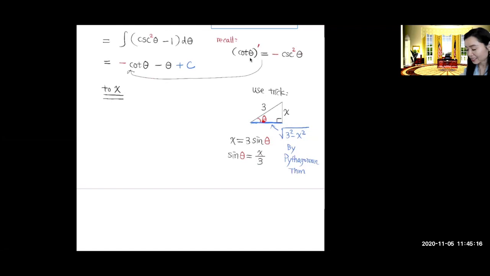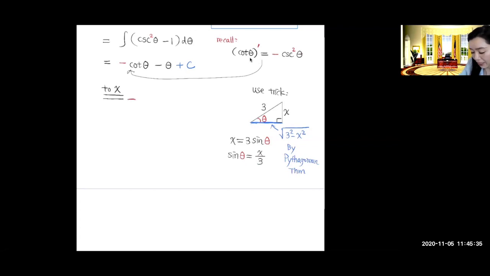So now we have this cotangent theta. Cotangent is what? Adjacent over hypotenuse, right? Do you guys agree? Yes. Okay. So now you have this negative sign.